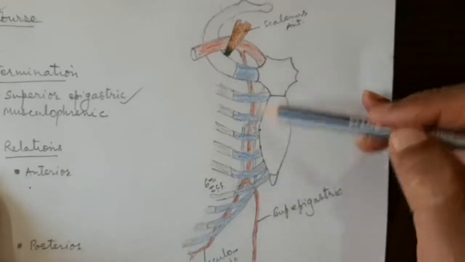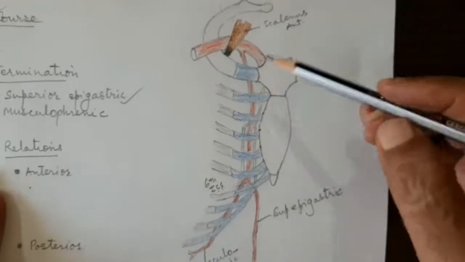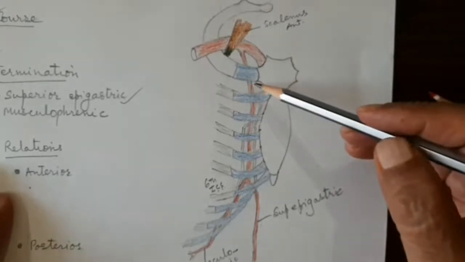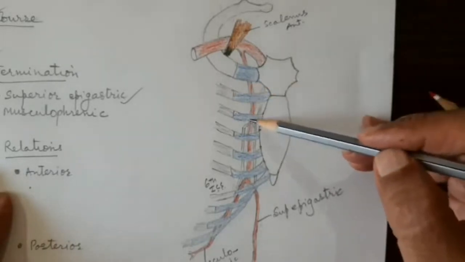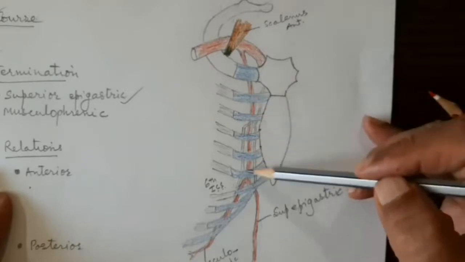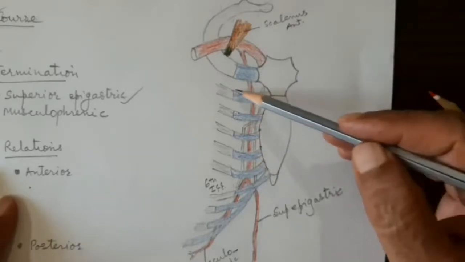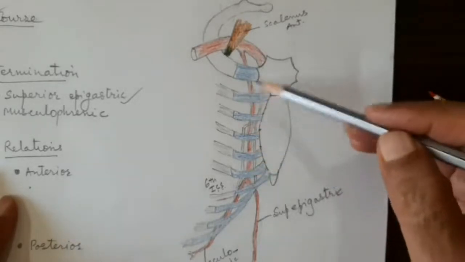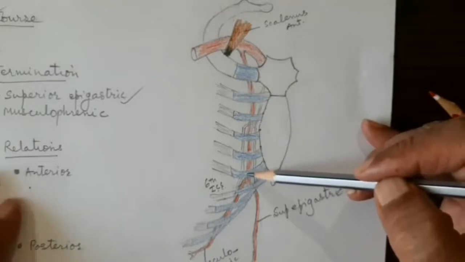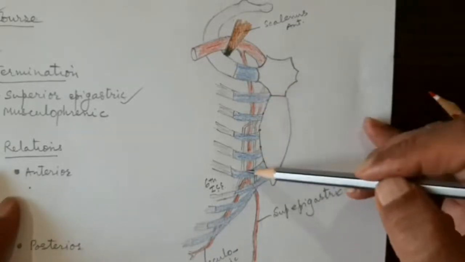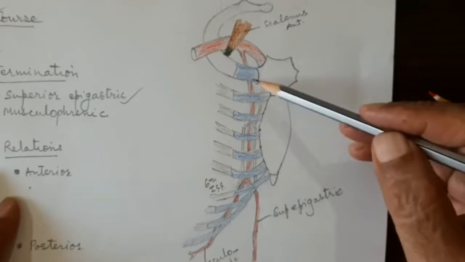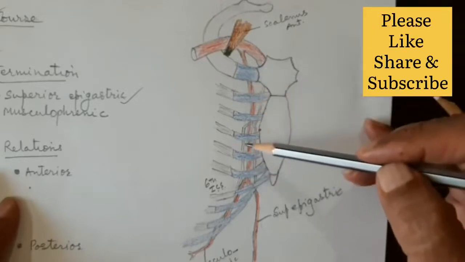Now below this first costal cartilage, anteriorly it will be in relation to the upper six intercostal spaces. That means it is deep to the first six costal cartilages. So the costal cartilages 1 to 6 lie anterior to it.